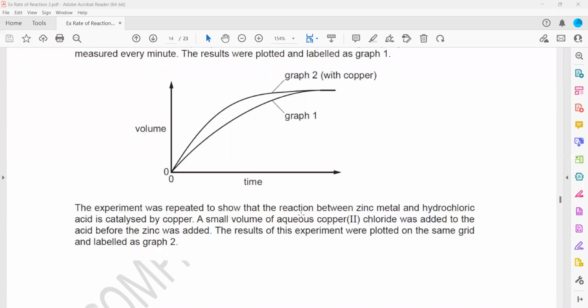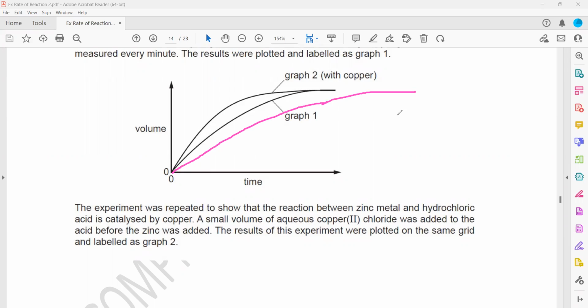It will be less steep. But the question is how they're different. If you say the final product is the same, you're writing a similarity. So how will the two graphs be different? If we use ethanoic acid, what will the graph of ethanoic acid look like? It will be like this.